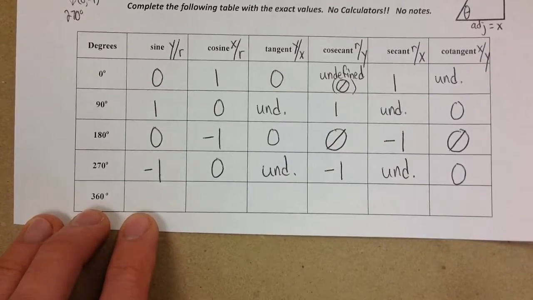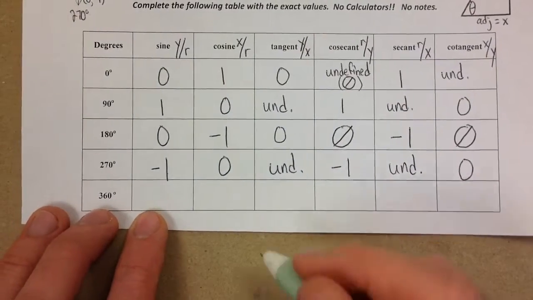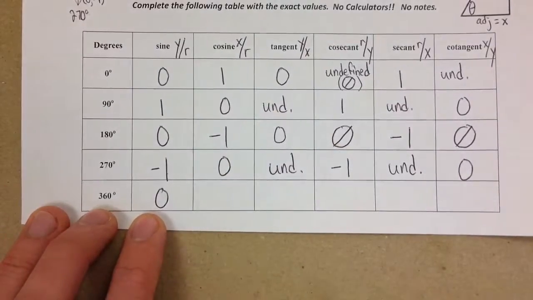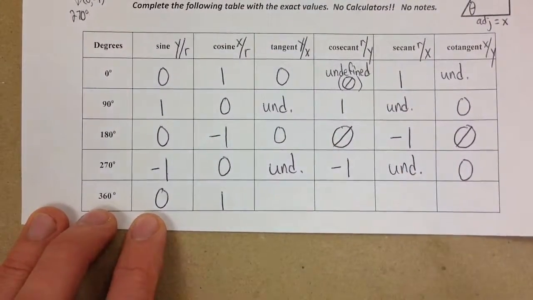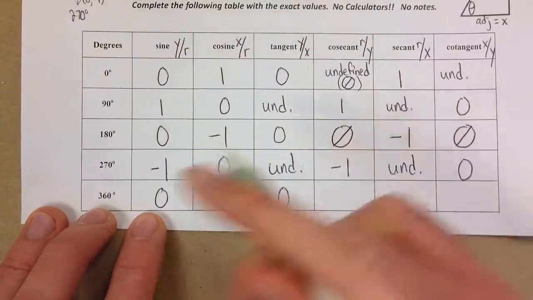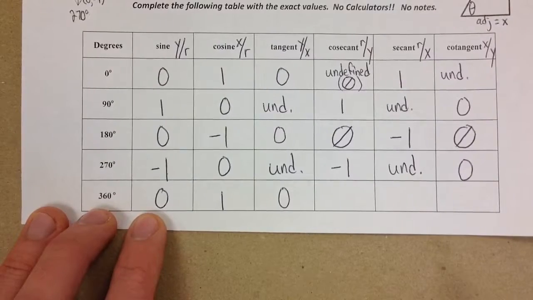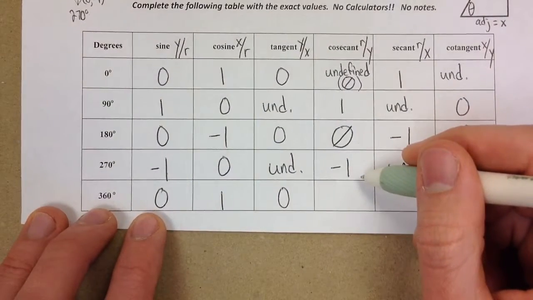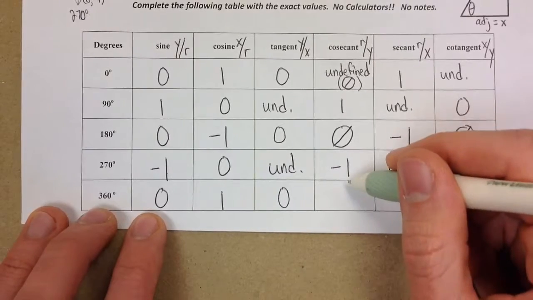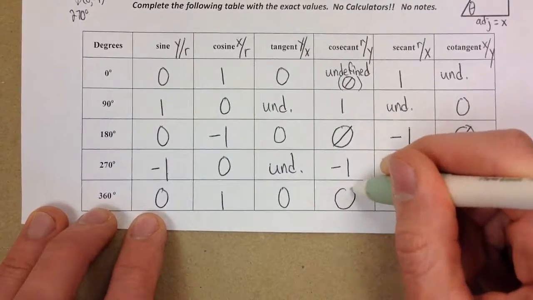Okay, Nick, sine 360? 0. Julia, cosine 360? 1. Chowan, tangent 360? 0. Nikki B, cosecant 360? Undefined.